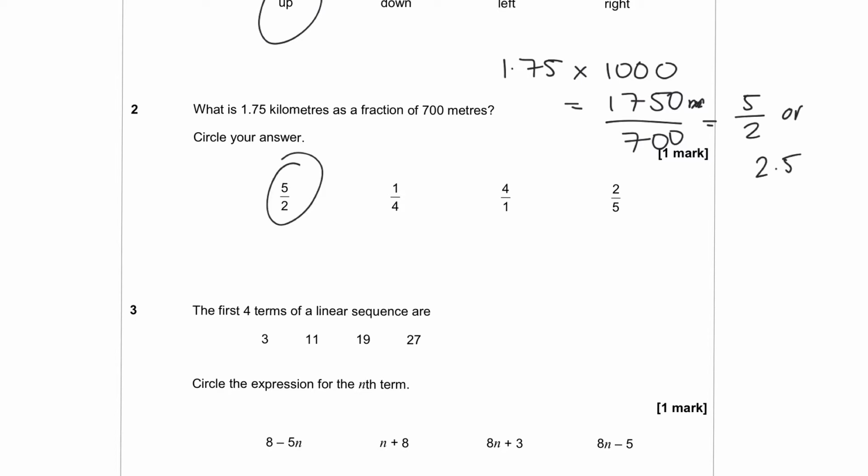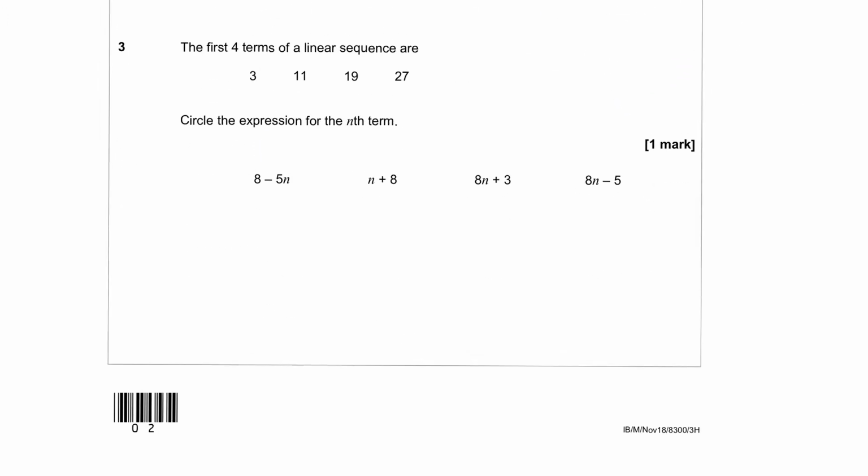Okay, so moving on to question 3, it says the first 4 terms of a linear sequence are 3, 11, 19, and 27, and it wants us to express the nth term. So the first thing when it comes to linear sequences, you want to work out the difference between the numbers. They've been added by 8 each time, which means the first part is going to be 8n.